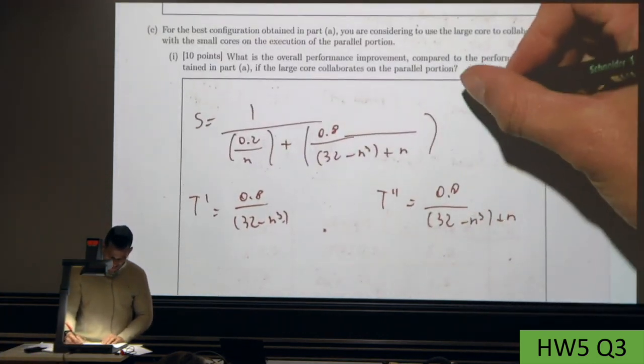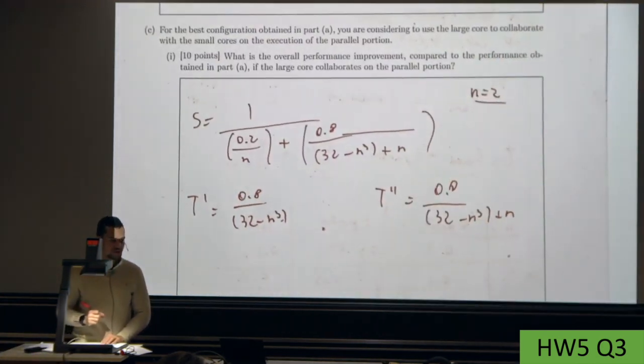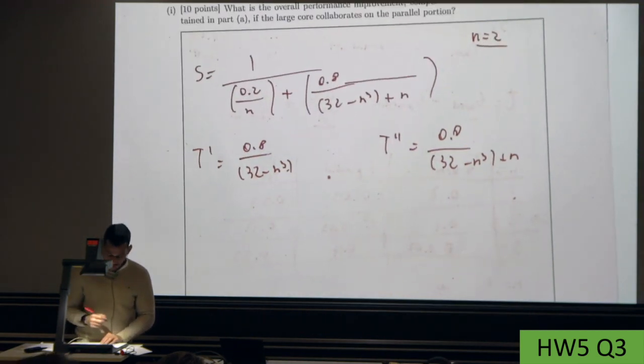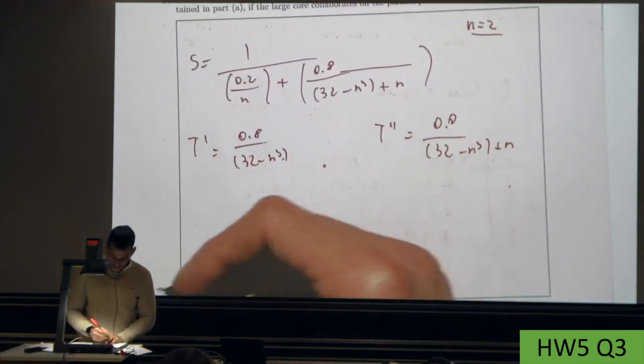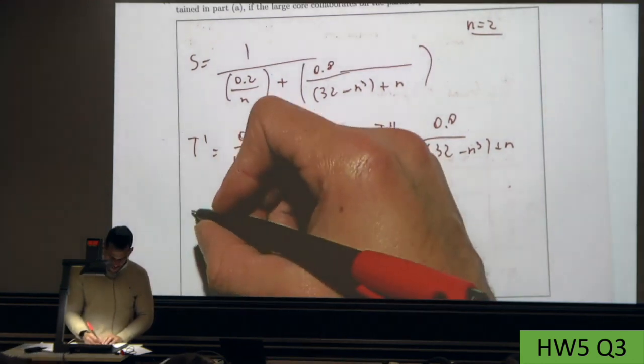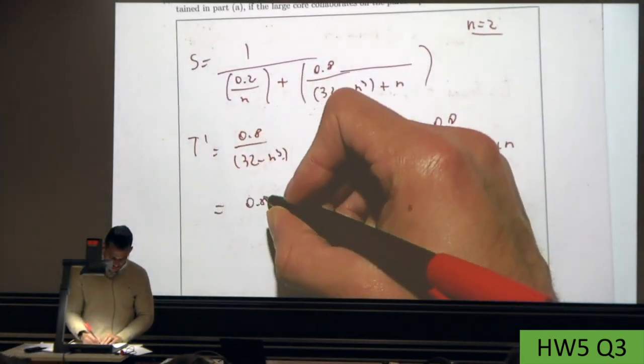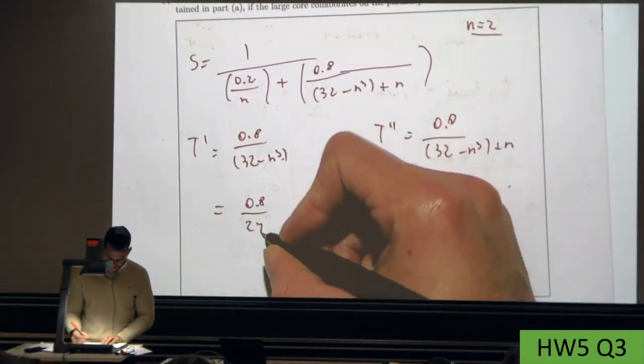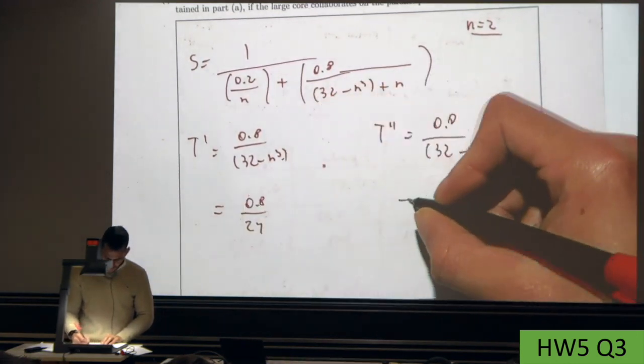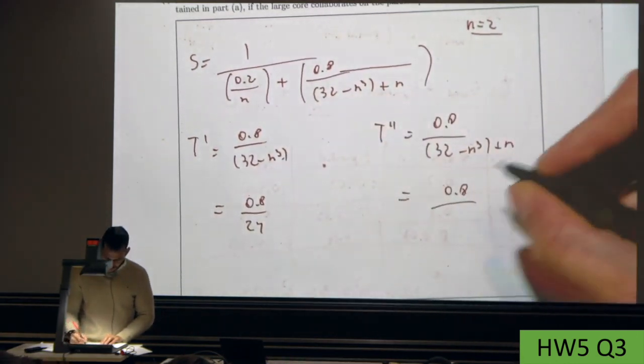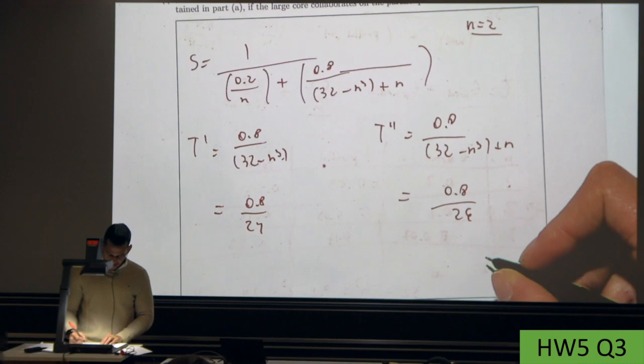Remember that n is equal to 2, because you need to consider the same value that you found in part A. So this time here is 0.8 over 24, and this one is 0.8 over 26.